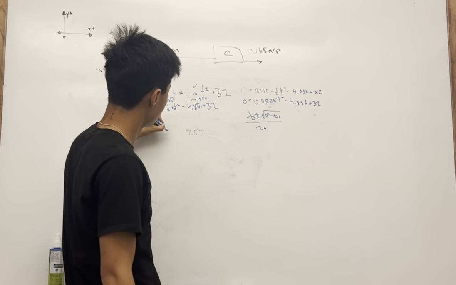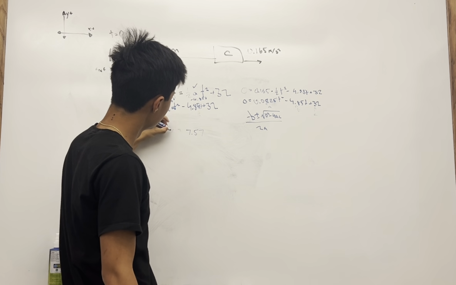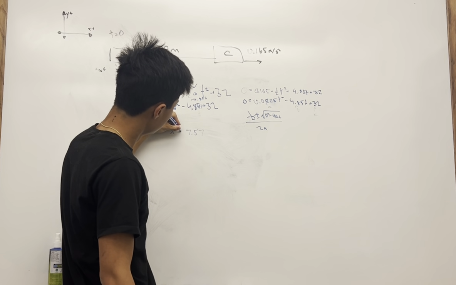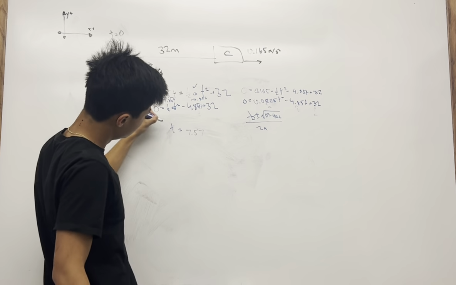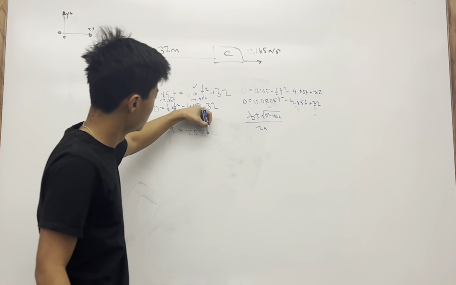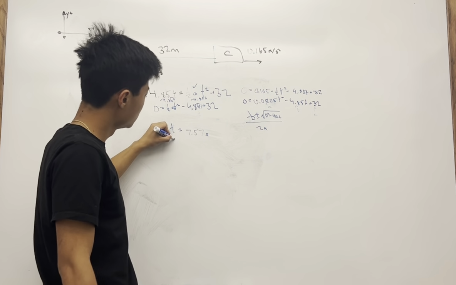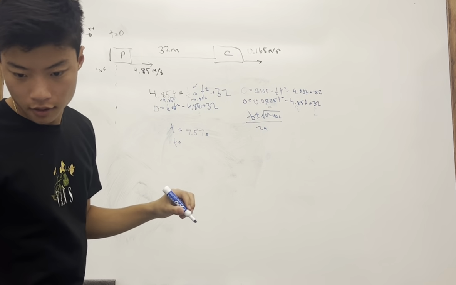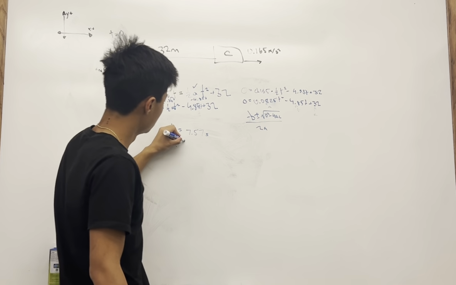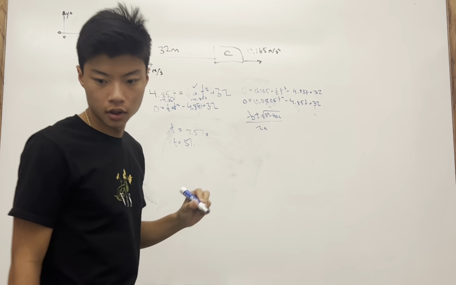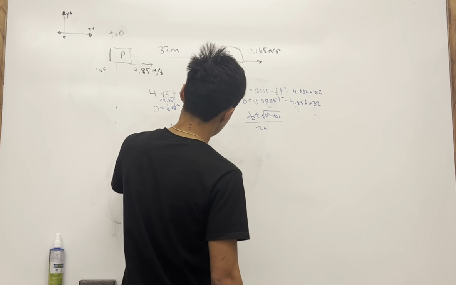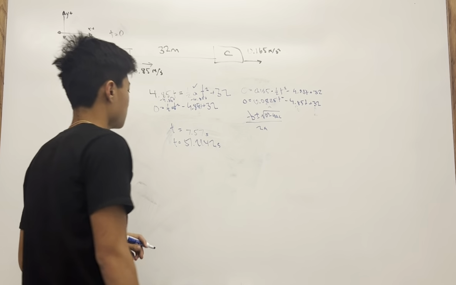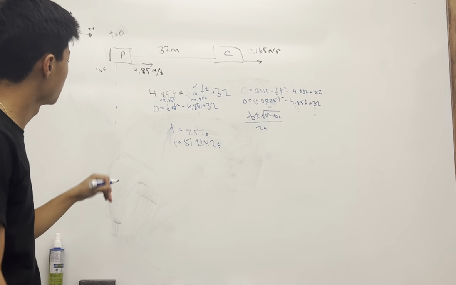And so x equals, actually it's t. T equals 7.5, this is in seconds. T also equals 51.2142 seconds. It's a little bit messy.